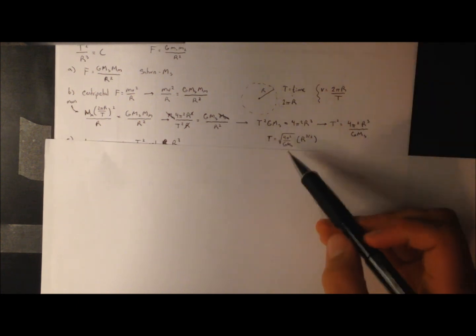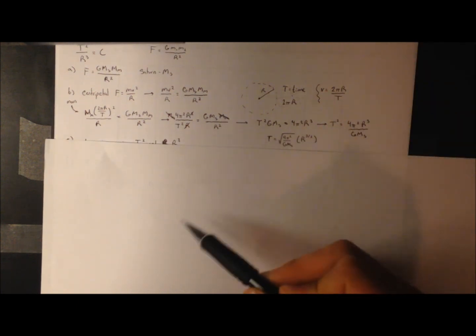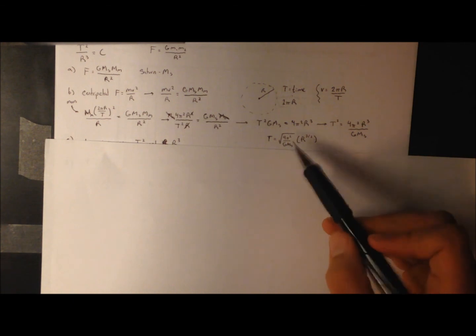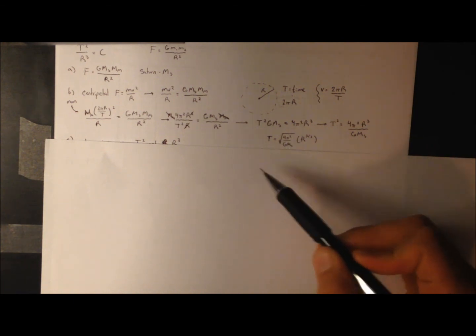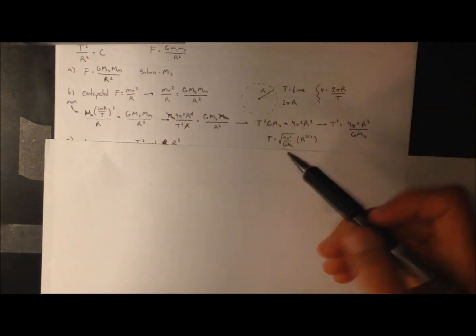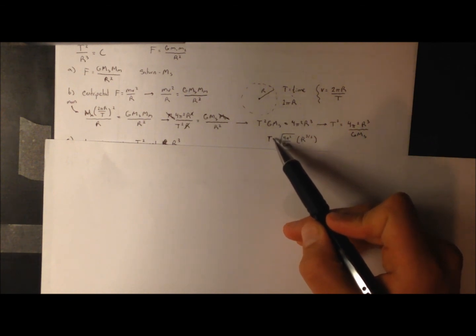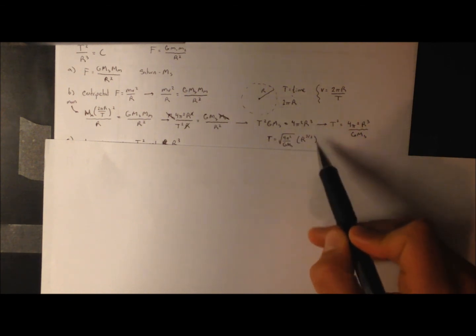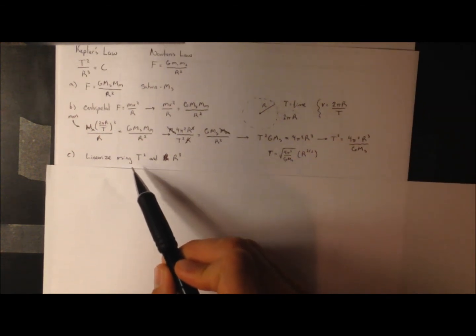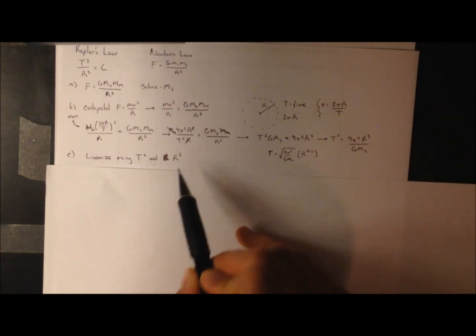Now it asks, which quantities should be graphed to yield a straight line whose slope could be used to determine Saturn's mass? This question is asking, how can you graph this to make it linear so you can determine a slope? Because this equation is not linear, it's curved. You can square the period and square all of this, and you'll be graphing period squared and r cubed, and that will linearize the equation.